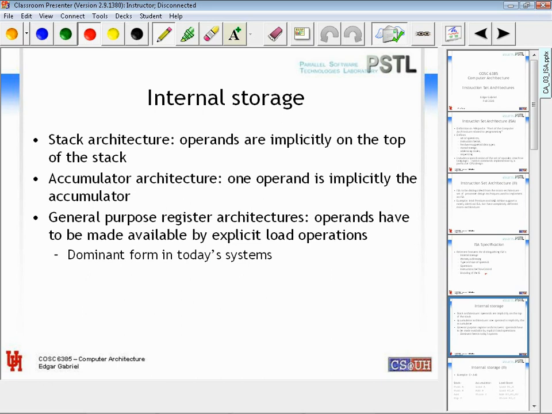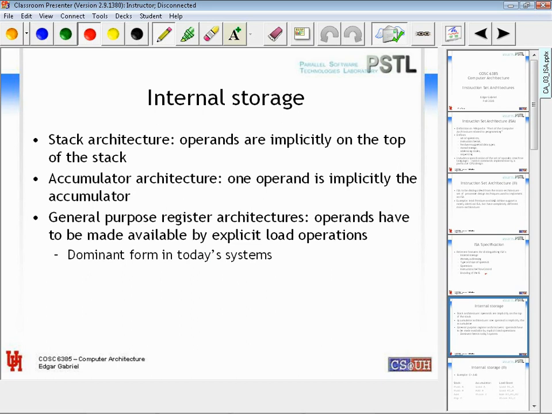The general purpose register architectures are the architectures which use neither a stack nor an accumulator, but where you have to load data items, or make data items explicitly available to the functional unit. That's what you really have nowadays.